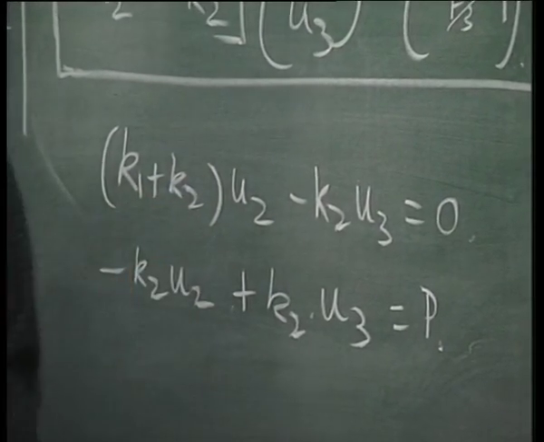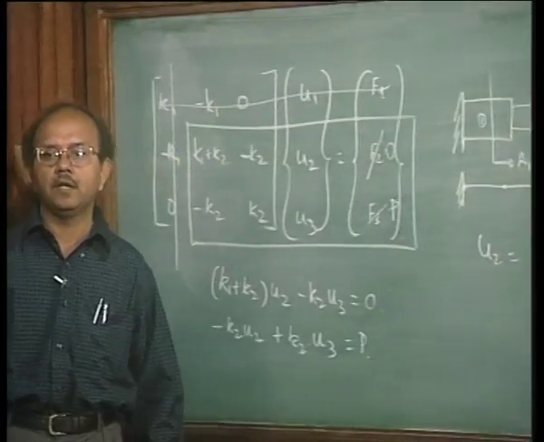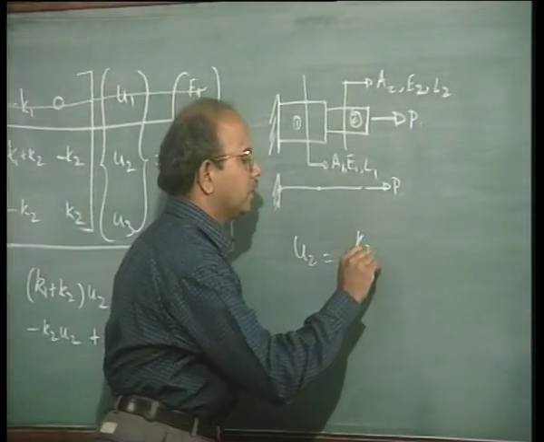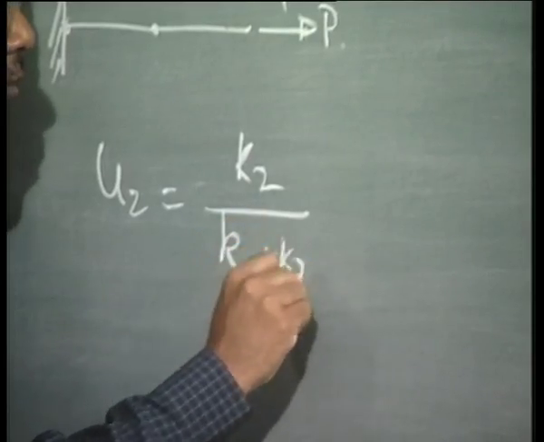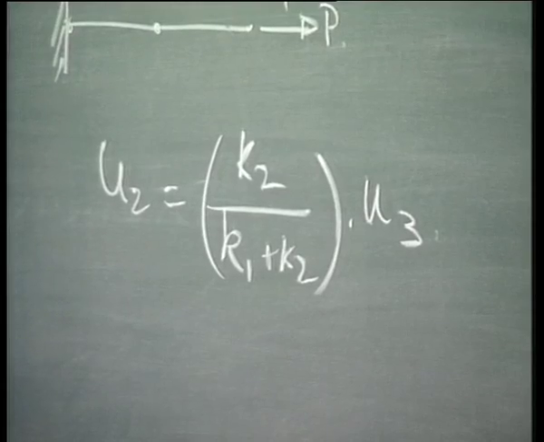The first equation gives an explicit form, defining u2 is equal to k2 divided by (k1 plus k2) into u3.